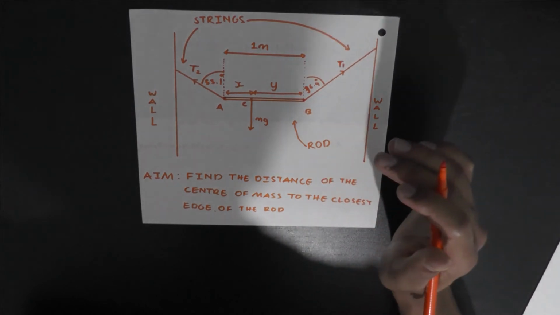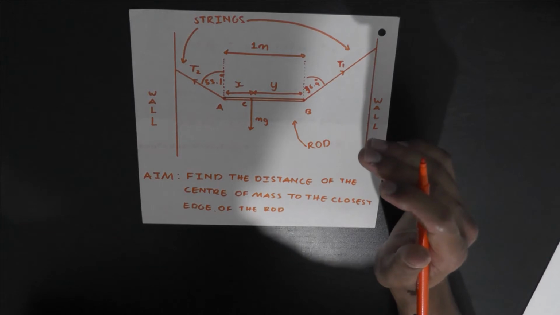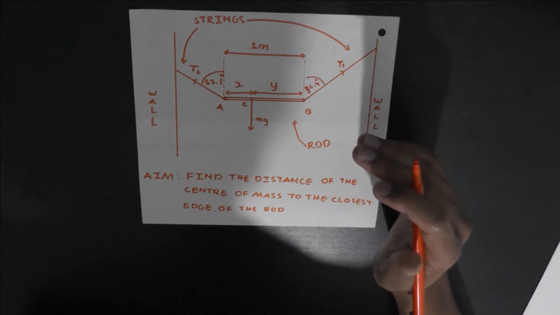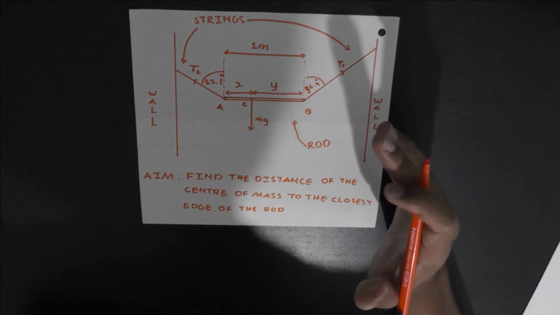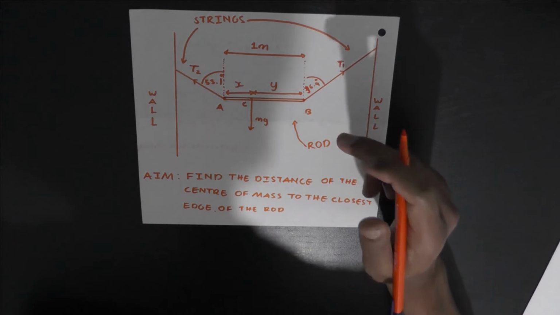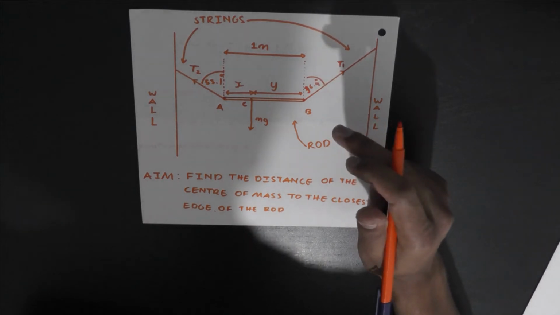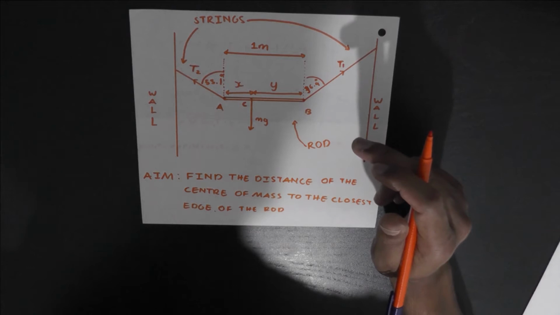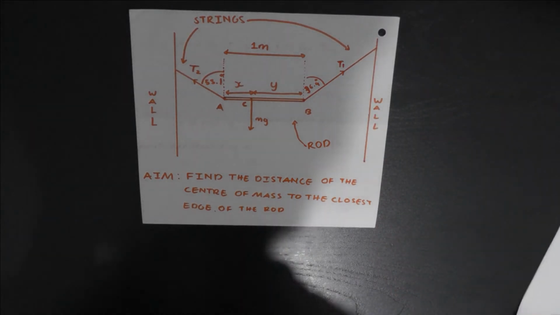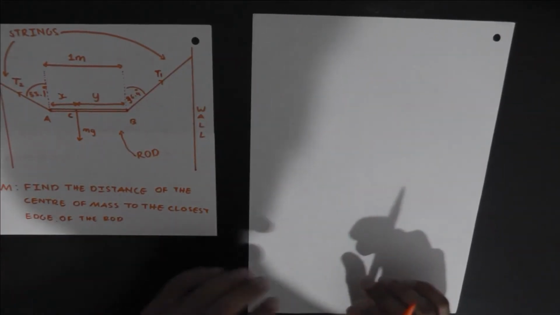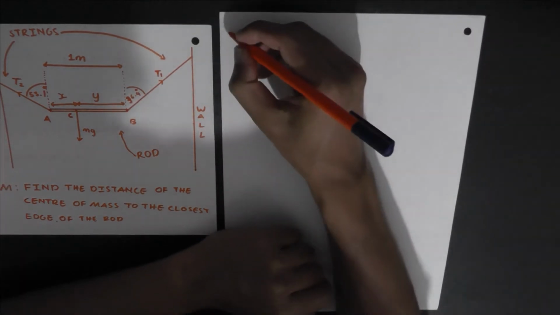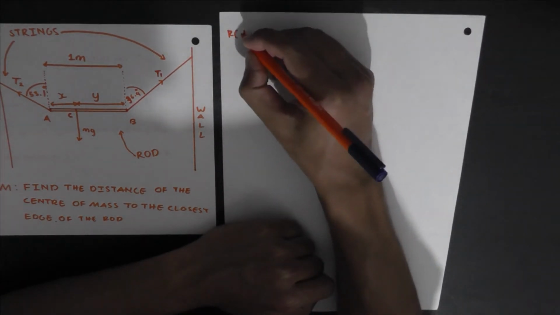In inclined plane problems, you'll usually find it easier to resolve perpendicular to the plane and parallel to the plane, but in most problems, and indeed in this one, it's easier just to resolve up and down, left and right. So upwards and sideways.